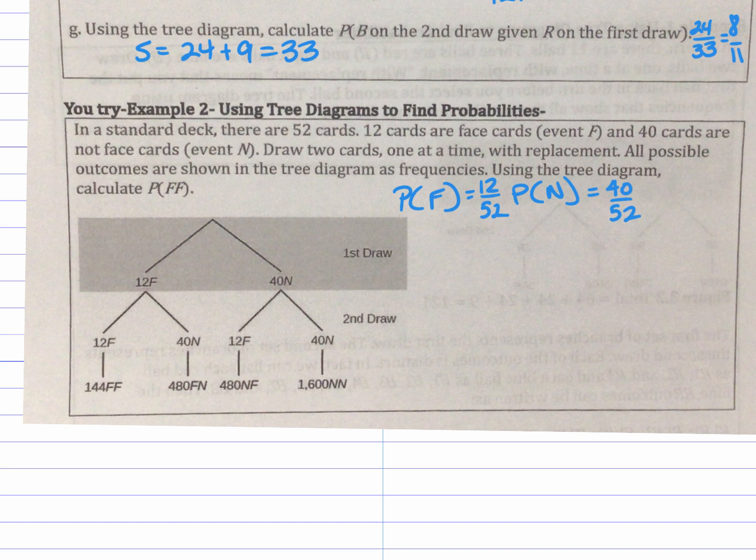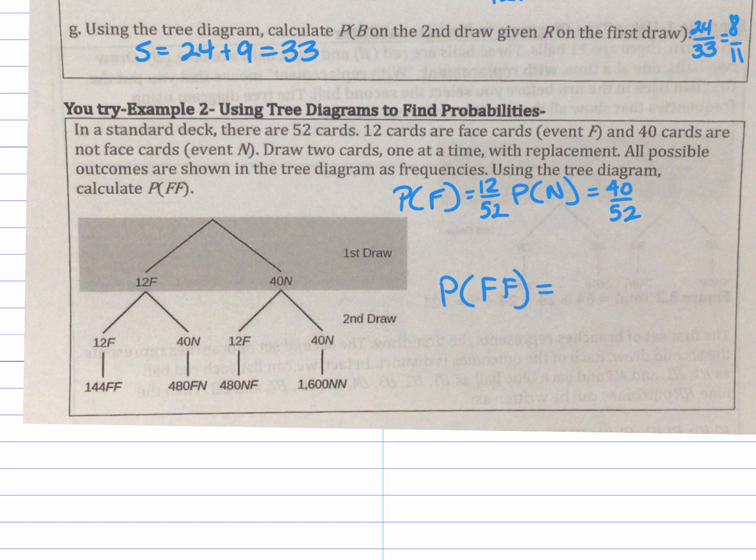Draw 2 cards, one at a time, with replacement. All possible outcomes are shown in the tree diagram as frequencies. Using the tree diagram, calculate the probability of a face card and then another face card.